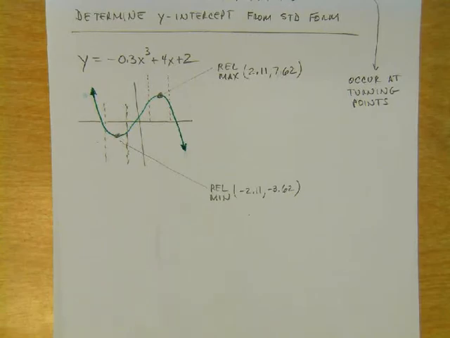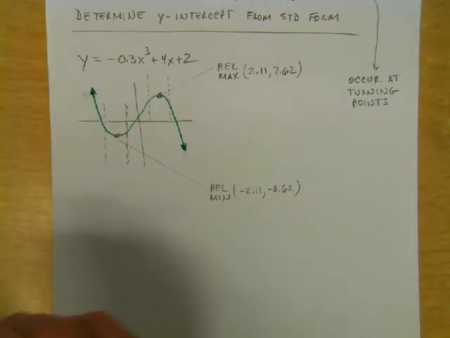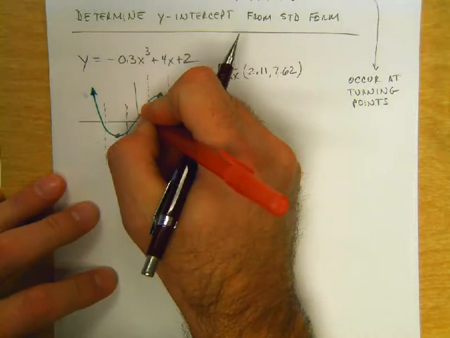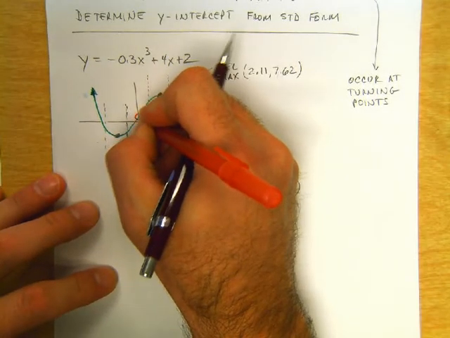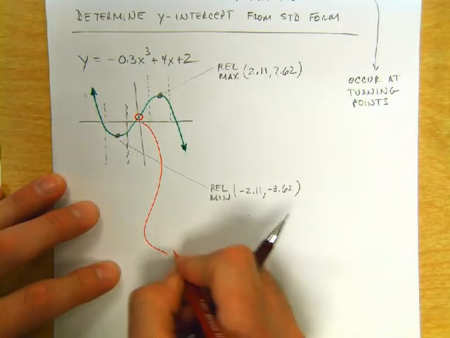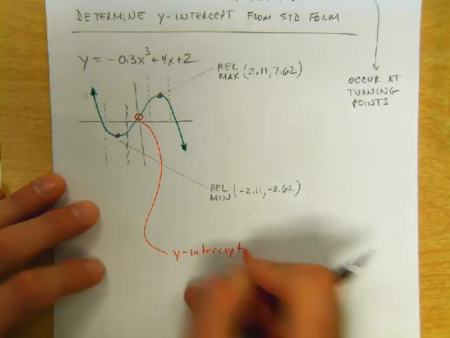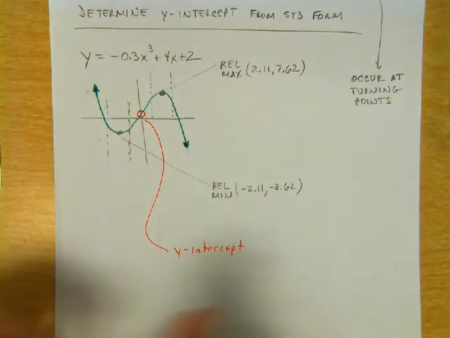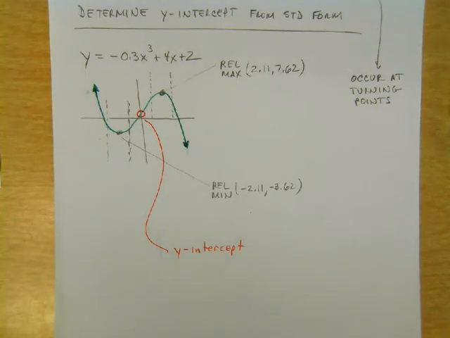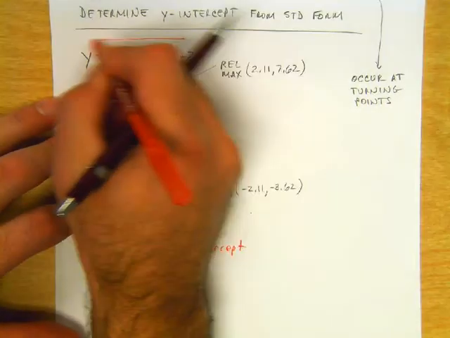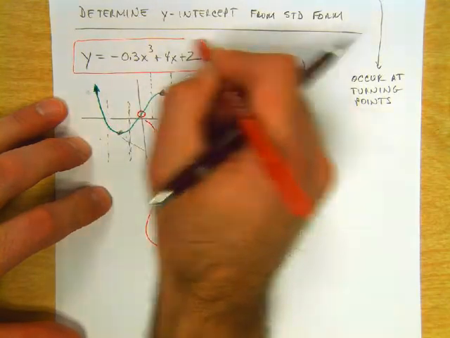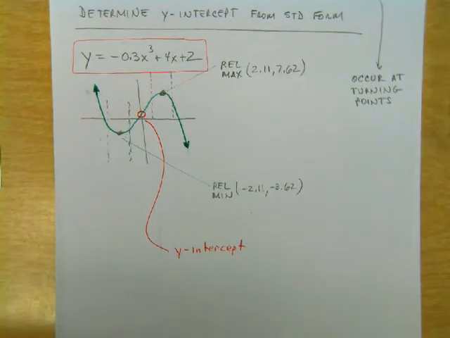So I am curious about this y-intercept right there. That is the y-intercept. I would like you to be able to find the y-intercept by looking at the equation. Now, let me ask you a question.